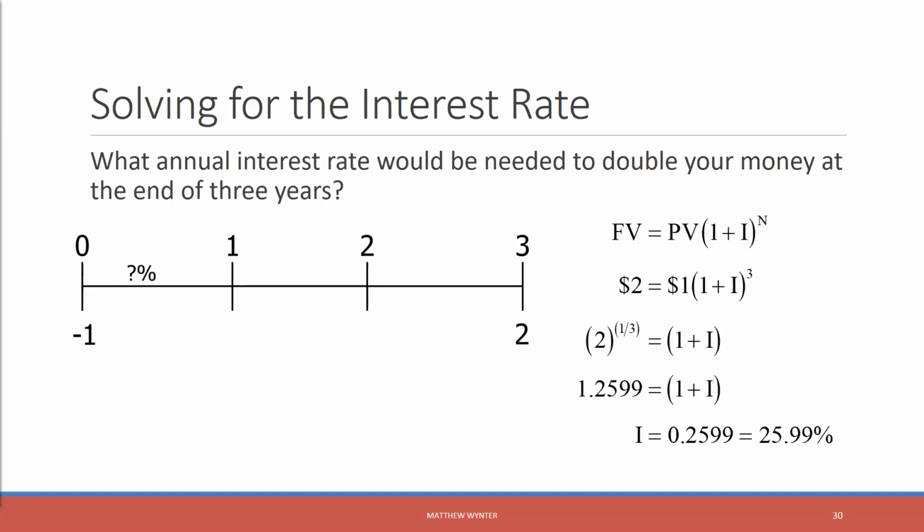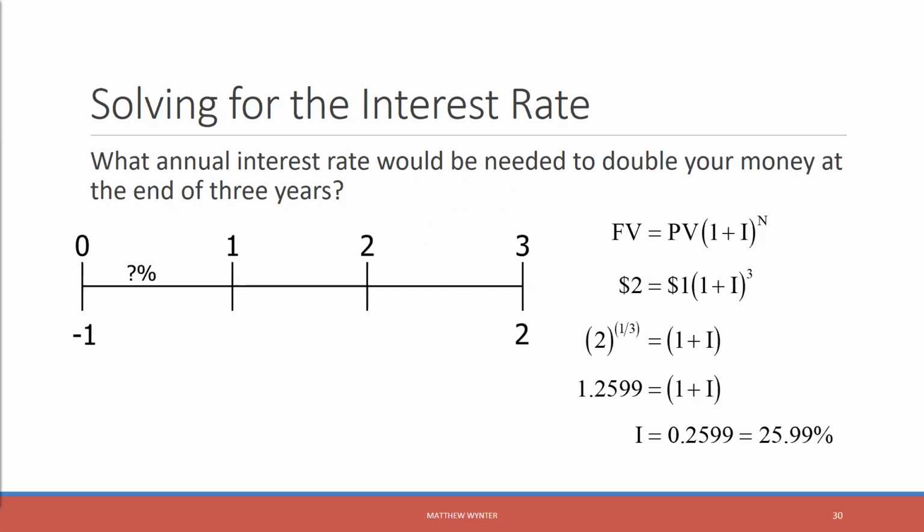Again, setting things up, we've got $2 equals $1 multiplied by 1 plus I to the power of 3. When I take my order of operations and do everything step by step, what do I have? I have $2 divided by $1 equals $2. I also have 1 plus I to the 3.